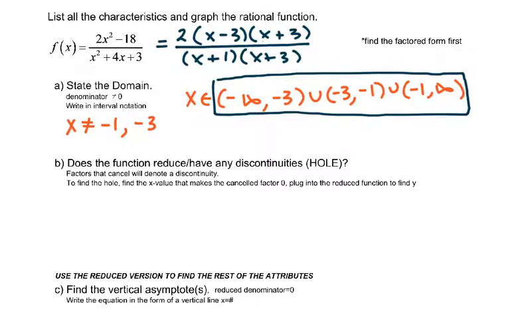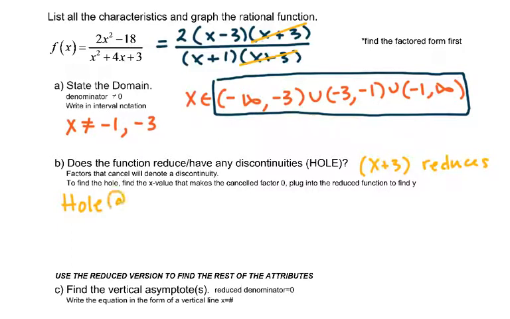Now, do any factors cancel out? Do we have a common factor in the numerator and the denominator? And we do. x plus 3 reduces away. Okay, so since x plus 3 cancels, what we know is there is a hole at the value that would zero that factor out.